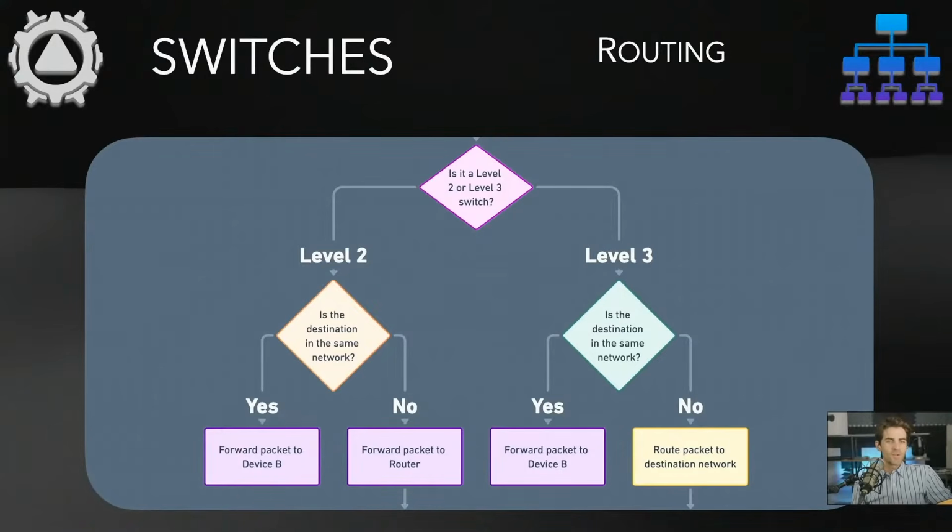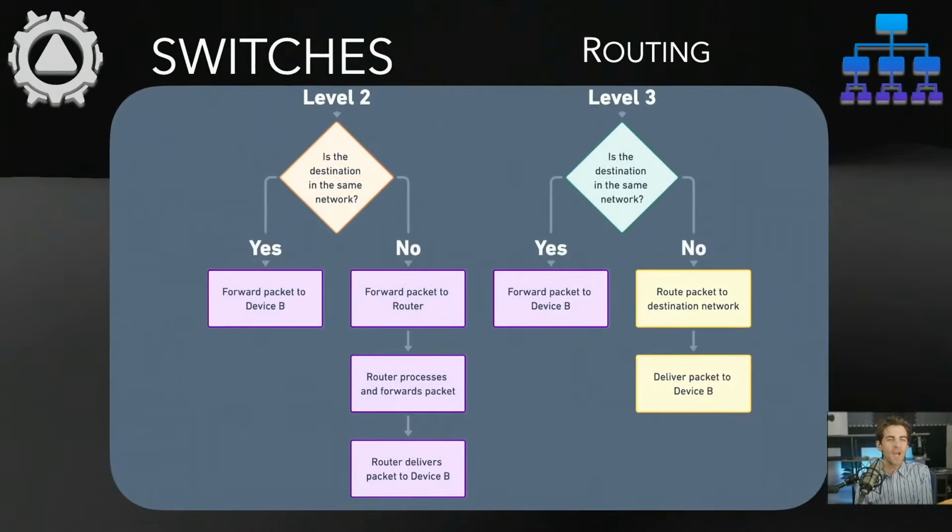Routing. Here's the real difference when it comes to networking. If a packet will be on a different VLAN network, the level 2 switch will actually rely on the router, and it will send the packet back to the router in order to complete the packet request.